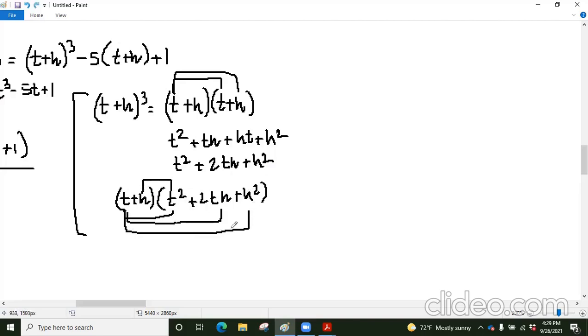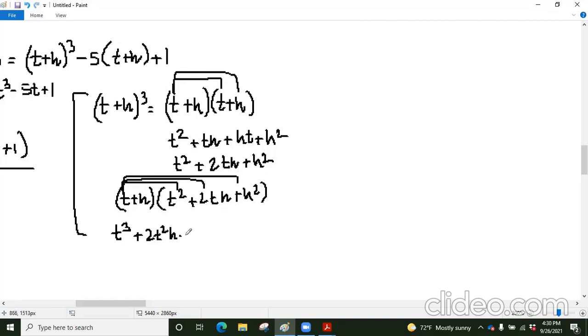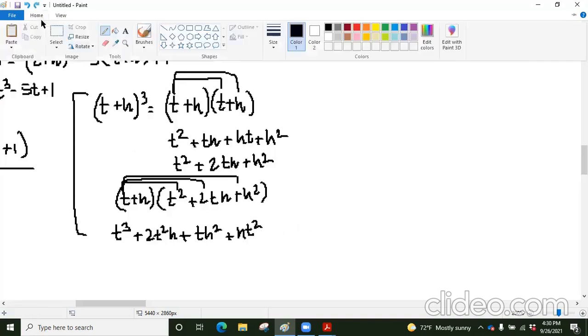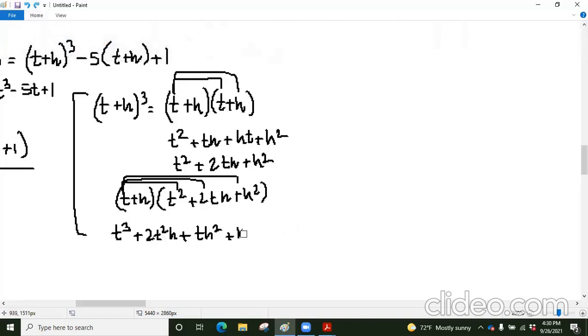First just doing this here, that's t cubed plus 2t squared h plus th squared.